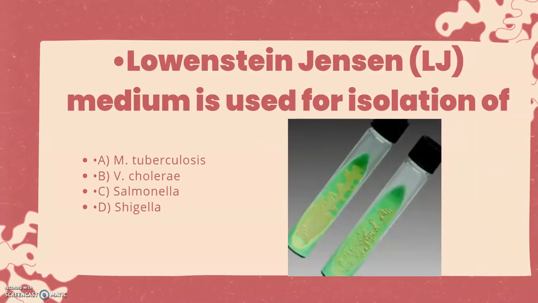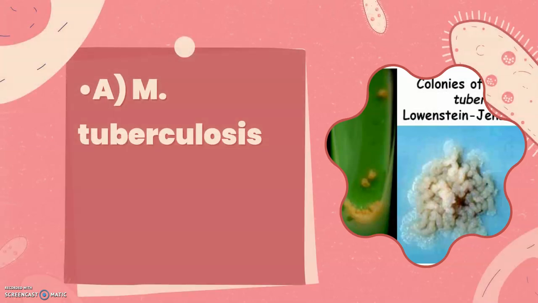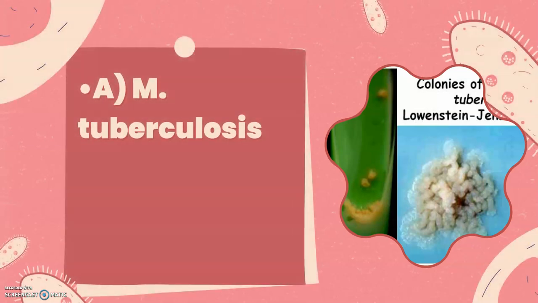Next question is, Lowenstein-Jensen medium is used for isolation of which of these organisms? Options: Mycobacterium tuberculosis, Vibrio cholerae, Salmonella or Shigella. Of course, Lowenstein-Jensen medium is used for cultivation of Mycobacterium tuberculosis.